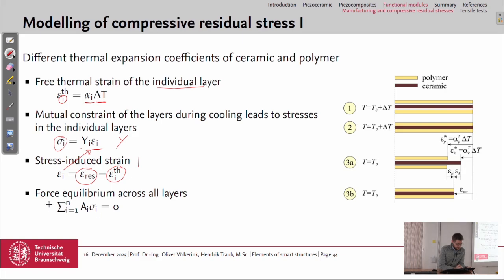And we also have force equilibrium across all layers. So if we sum up the forces of all layers, which is cross-section of the layer times the stress of each individual layer, then overall it should be 0.